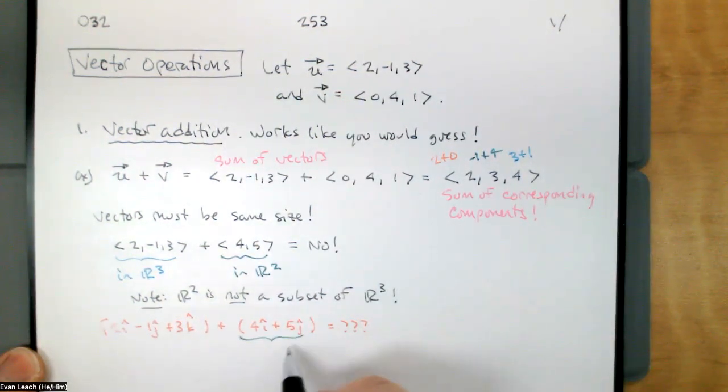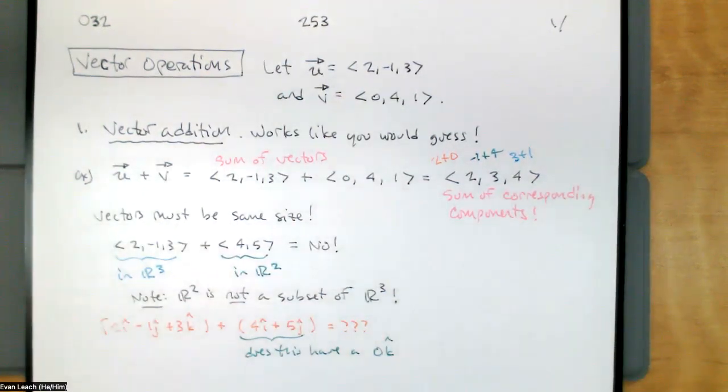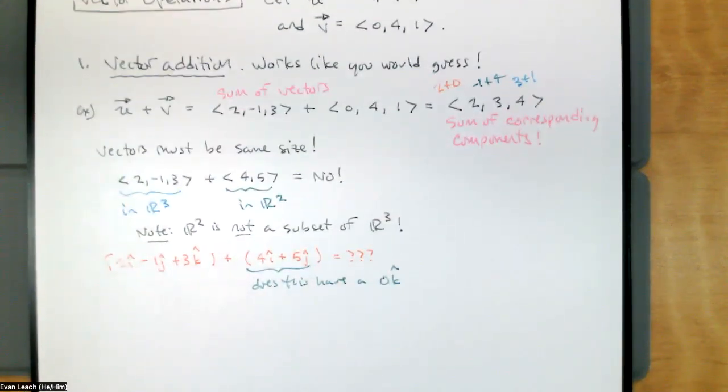Does this have a 0k? No. We can't assume, so it's not about adding a 0k. We can't assume that there's a 0k there. We don't just get to look at this and say, do we need 4i plus 5j plus 0k?